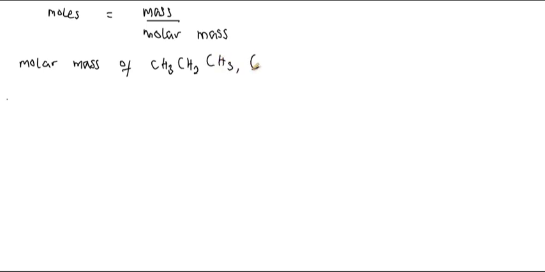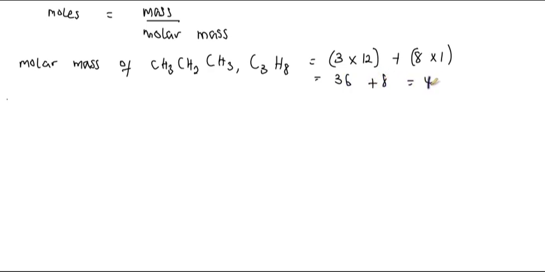So combining this together, we have C3H8, which will then be equal to: we have 3 atoms of carbon present, so we say 3 times the atomic mass of carbon is 12, plus we have 8 atoms of hydrogen present, and the atomic mass of hydrogen is 1, so we have 8 times 1. So this gives us 36 plus 8, which is equal to 44, and the unit grams per mole.